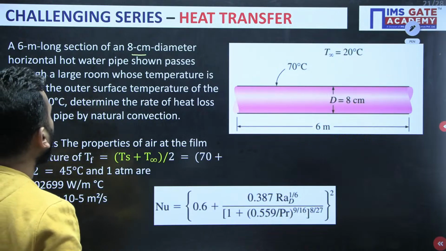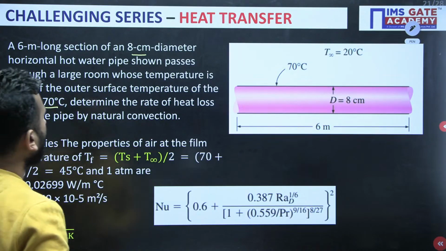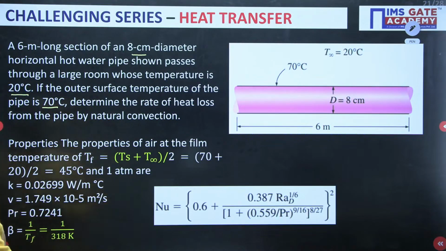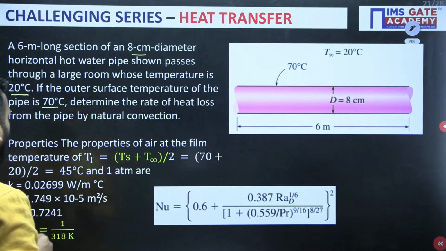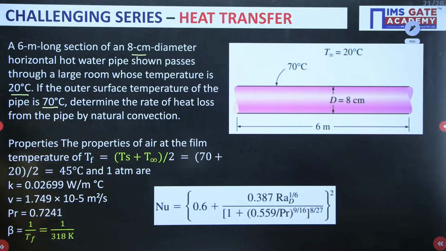If the outer surface temperature of the pipe is 70, determine the rate of heat loss from the pipe by natural convection, and the properties at the film temperature have been given.